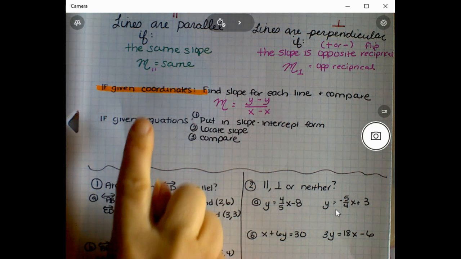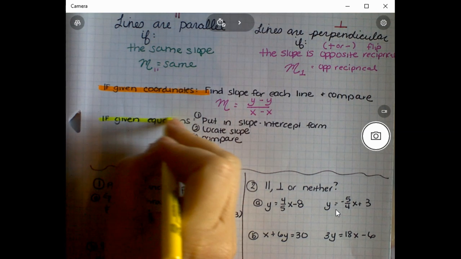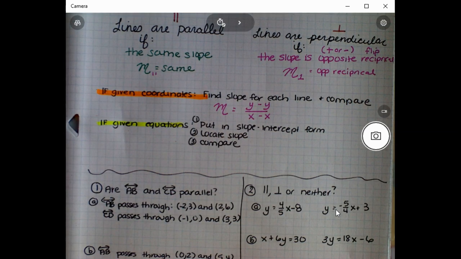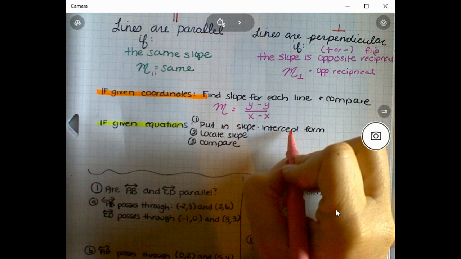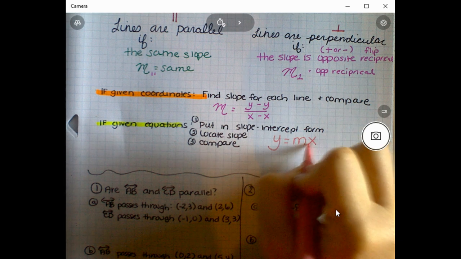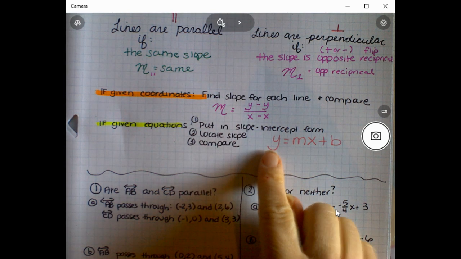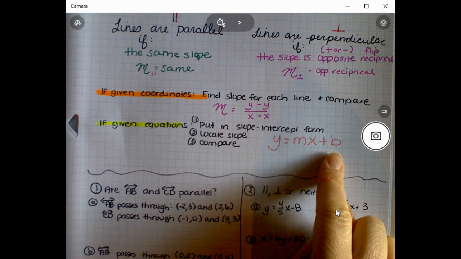All right. The more difficult kind is if you are given equations. So if you're given equations, you're going to want to put the equation into slope-intercept form. Slope-intercept form is the y equals mx plus b form, where you might have to rearrange the equation to begin with, but it needs to end up with y equals and then the rest of the equation.